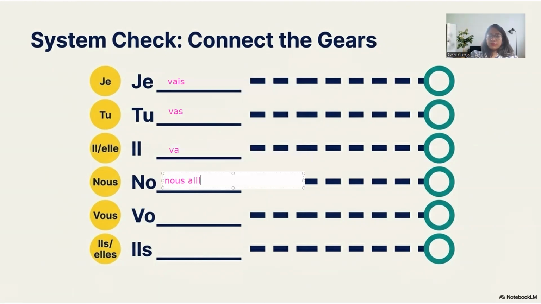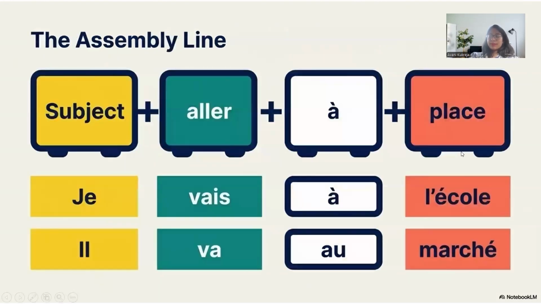Vous allez. Elles vont. Remember the conjugation, very important. This is a very important verb. Through this verb, we can even make one tense in French, which is the future simple.